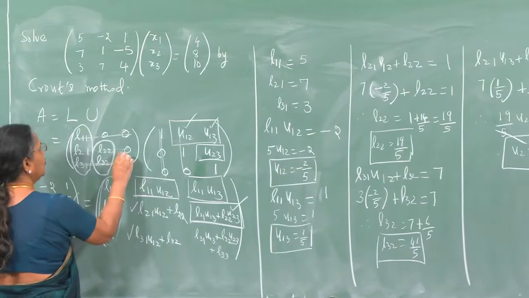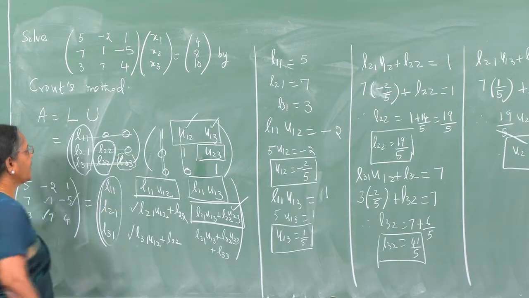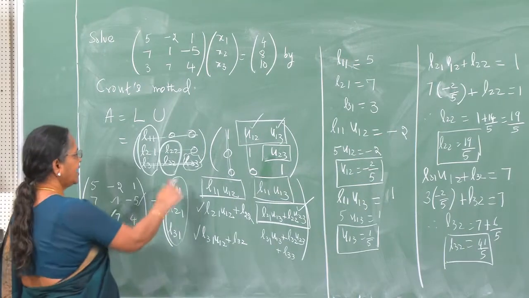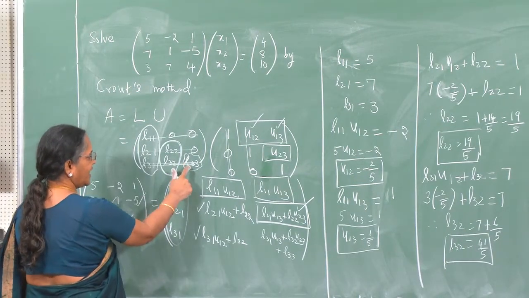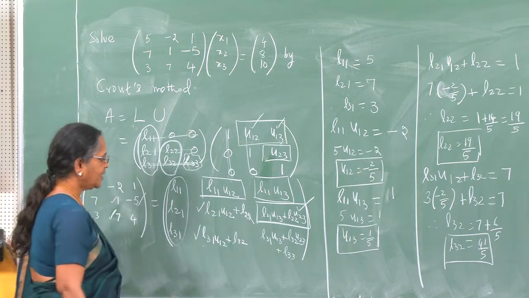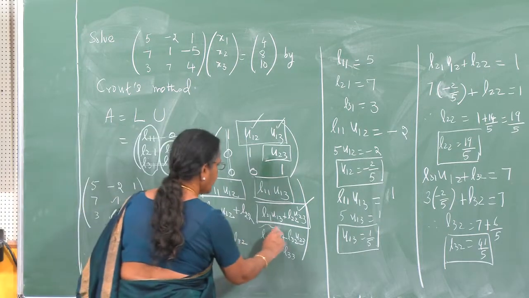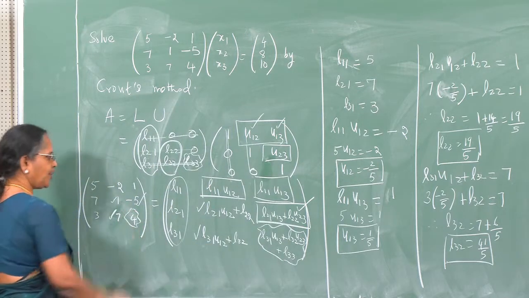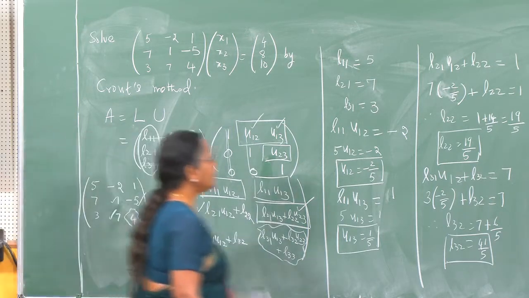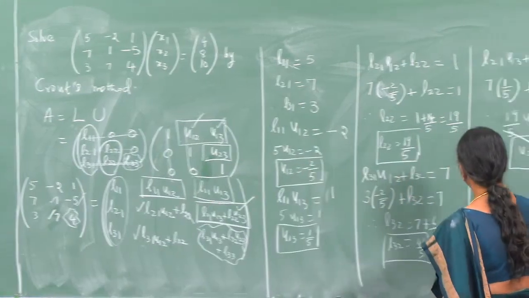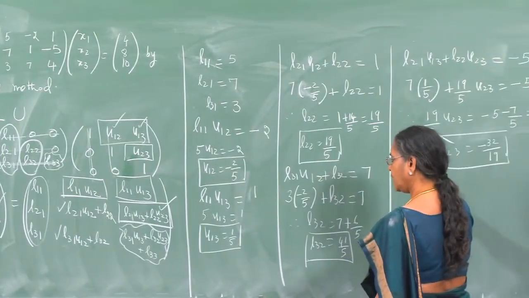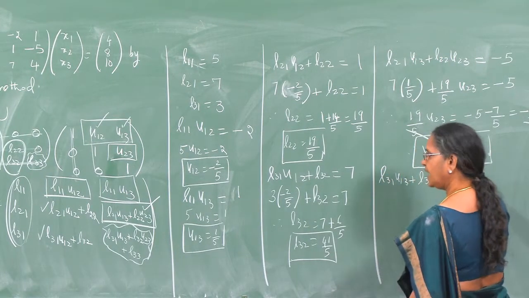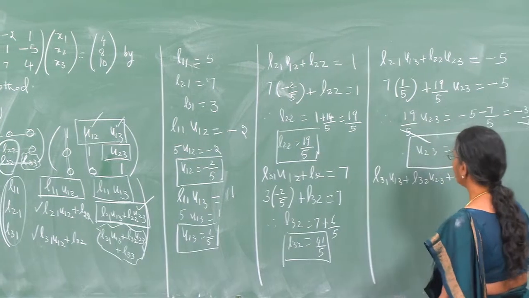So, I have to move to the third column of the lower triangular matrix and determine the unknown which appears there, namely L33. And so, I make use of this entry in the product and equate it to the corresponding entry here. This will give me L31 U13 plus L32 U23 plus L33 is 4.